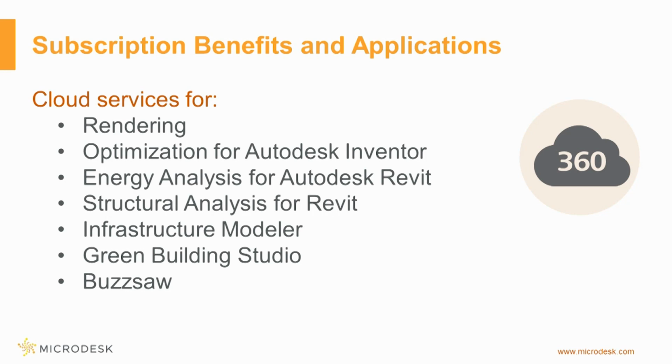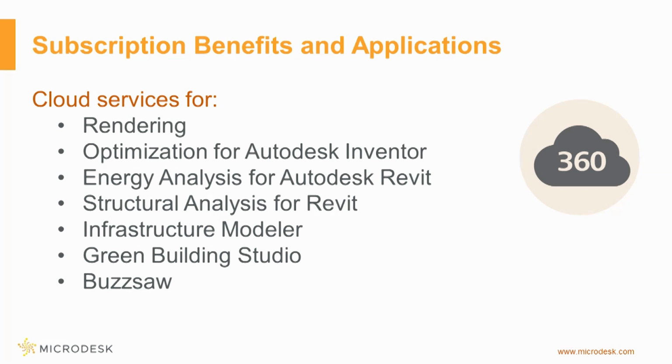Optimization for Autodesk Inventor is a way of looking at all of the components and configuring them and seeing if they're all basically optimized for what your assembly is going to be. The energy and the structural analysis, these are very powerful Revit parallels.